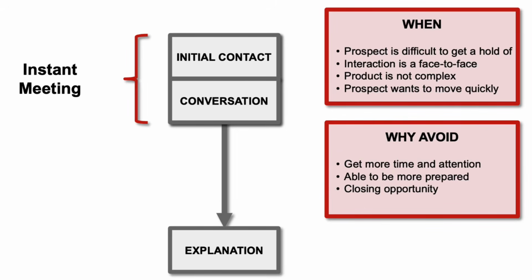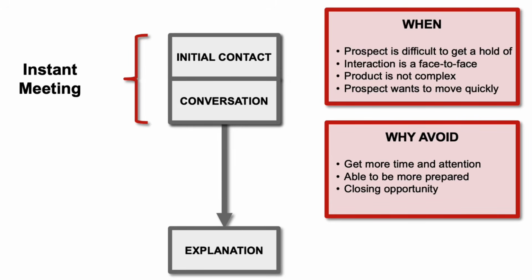But in most cases, I recommend avoiding the instant meeting. And when you're on a call and a prospect is asking you questions, it can be real easy to accidentally just flow into an instant meeting. And the next thing you know, you've been talking to the prospect for 20 to 30 minutes and have answered a lot of their questions.